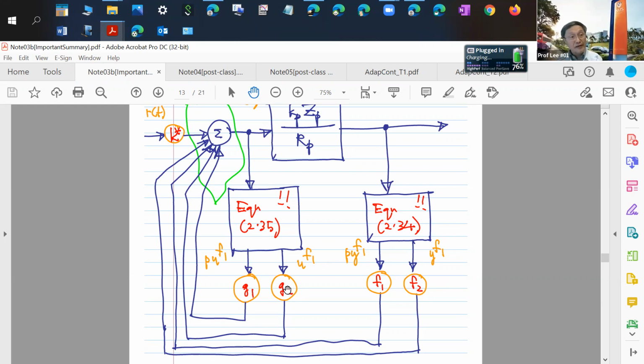From your 5101, and as I said, you don't even need your 5101. Even in my undergraduate module, I already teach it. You take state variables, you multiply by numbers, and you feed it back into the system. That's state feedback. And very, very important, state feedback does not change the order of the system.